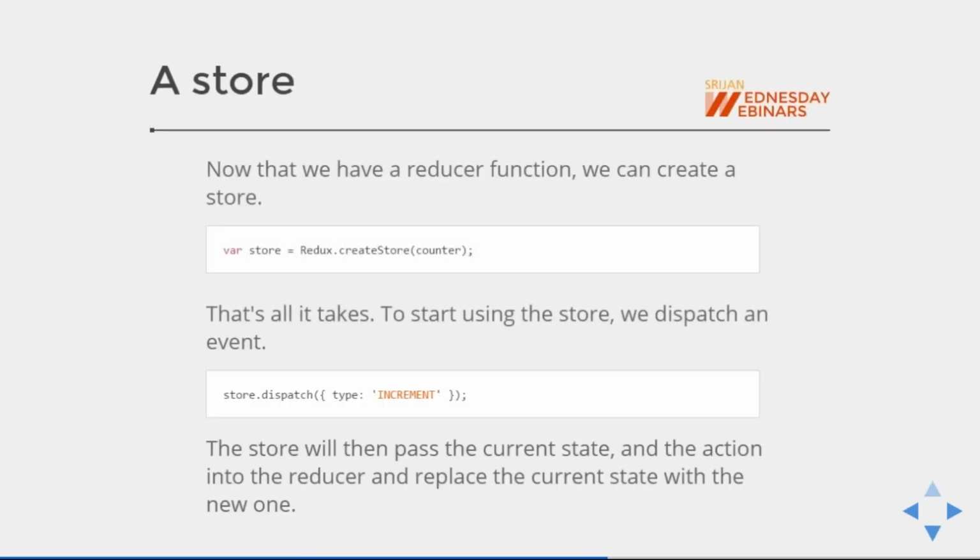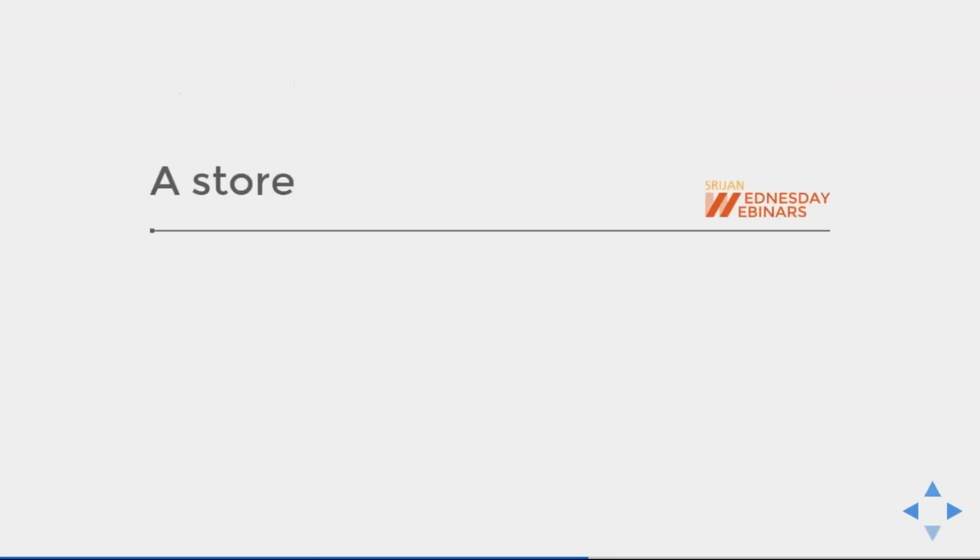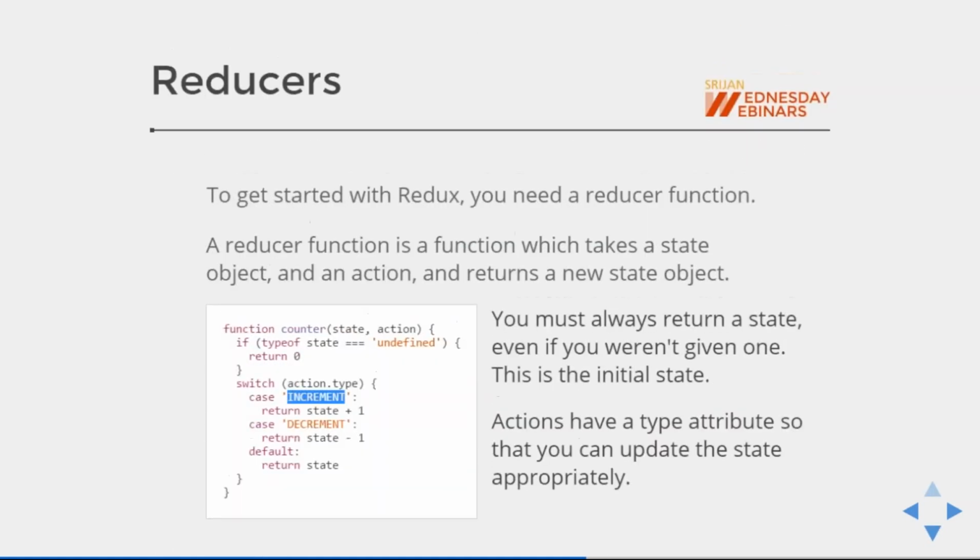First, you create a reducer function which is always going to return a new state object. Second step, create a store object, redux.createStore, and pass the reducer function. Third step is to dispatch the action onto the store object. It will dispatch this increment action on the store object, you will fire this increment operation, and you will get the new state object.